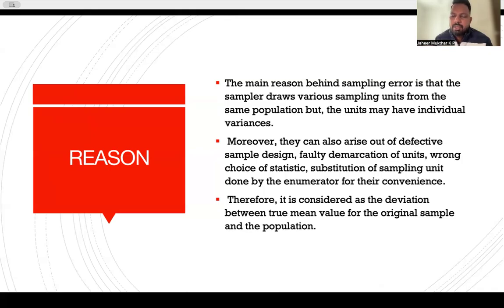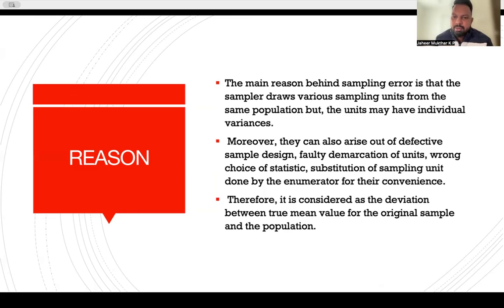Whenever you choose the sampling technique, it has to be appropriate for the study. Faulty demarcation of units also, sometimes when you are marking the response in a faulty way, also leads to this kind of error. And choosing a wrong statistic is also one of the reasons.